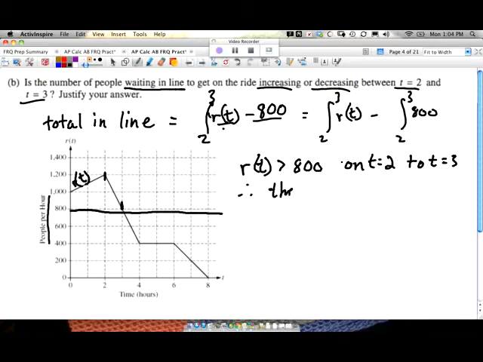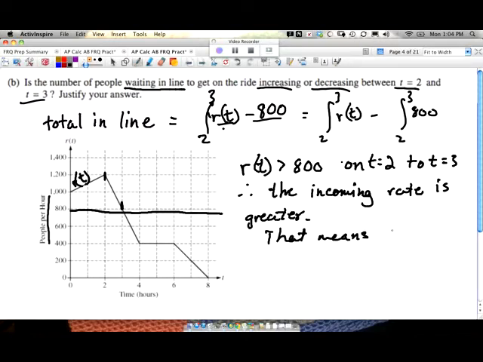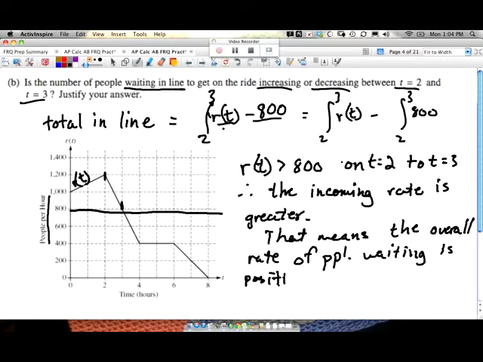Therefore, the incoming rate is greater. That's kind of like just restating the same thing. That means the overall rate of people waiting is positive.